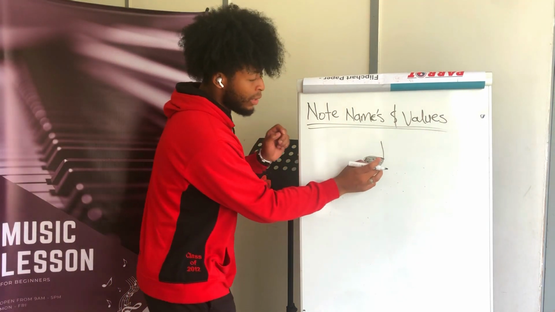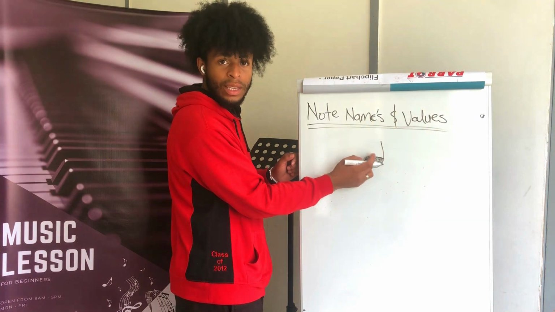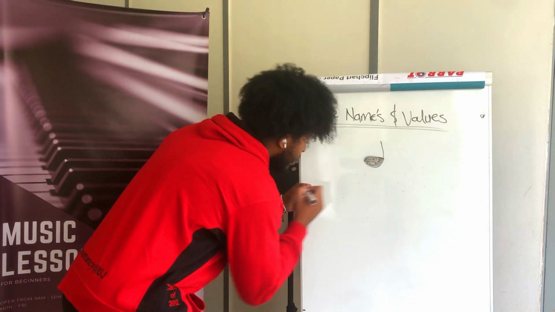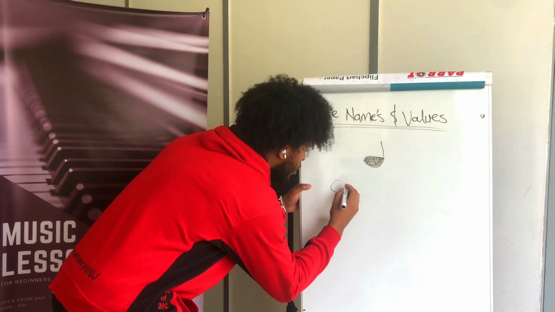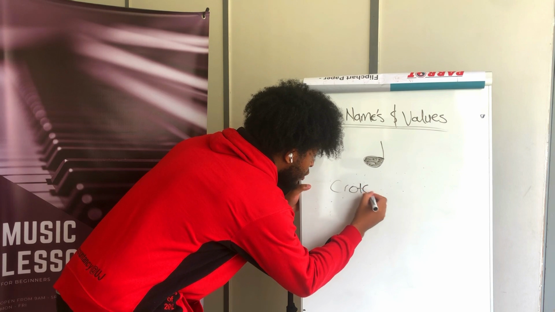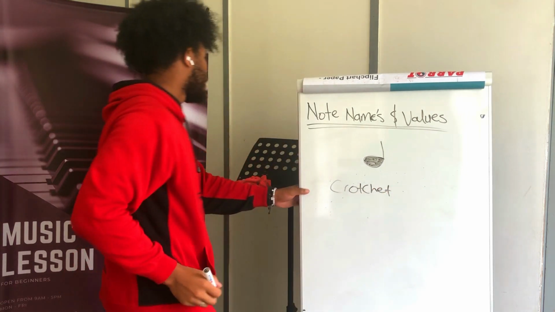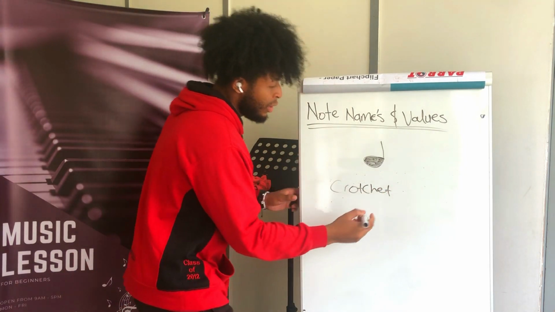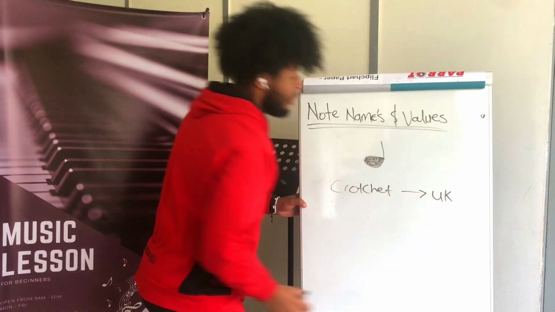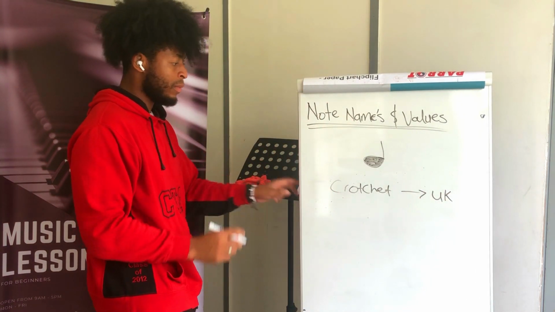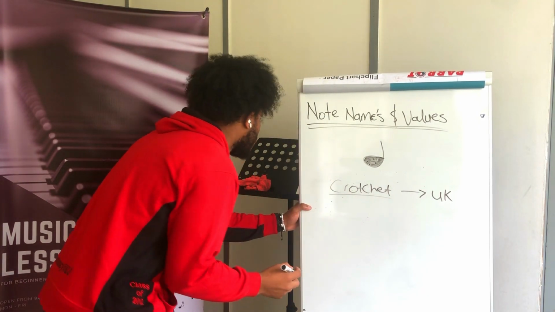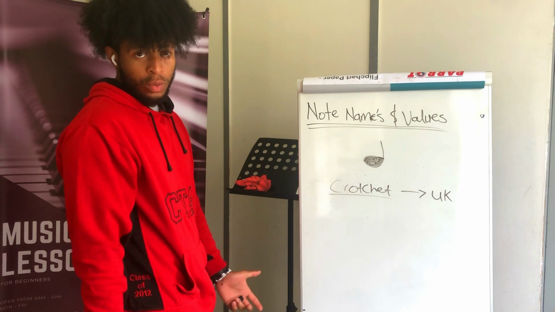The minim doesn't have the inside highlighted. This one is called the crochet in the UK. In the US, we call this a quarter note.